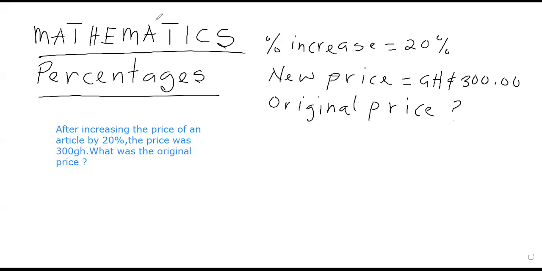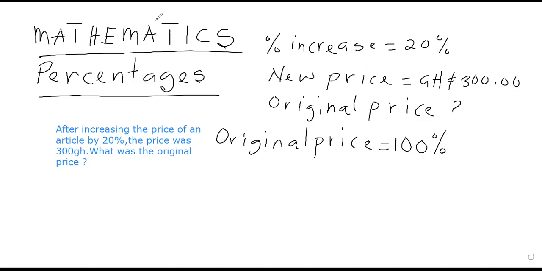This is where we're going to use the idea of proportion. I explained to you that anything original, anything old, anything former should be equivalent to 100%, okay? So meaning the original price should be equal to 100%.